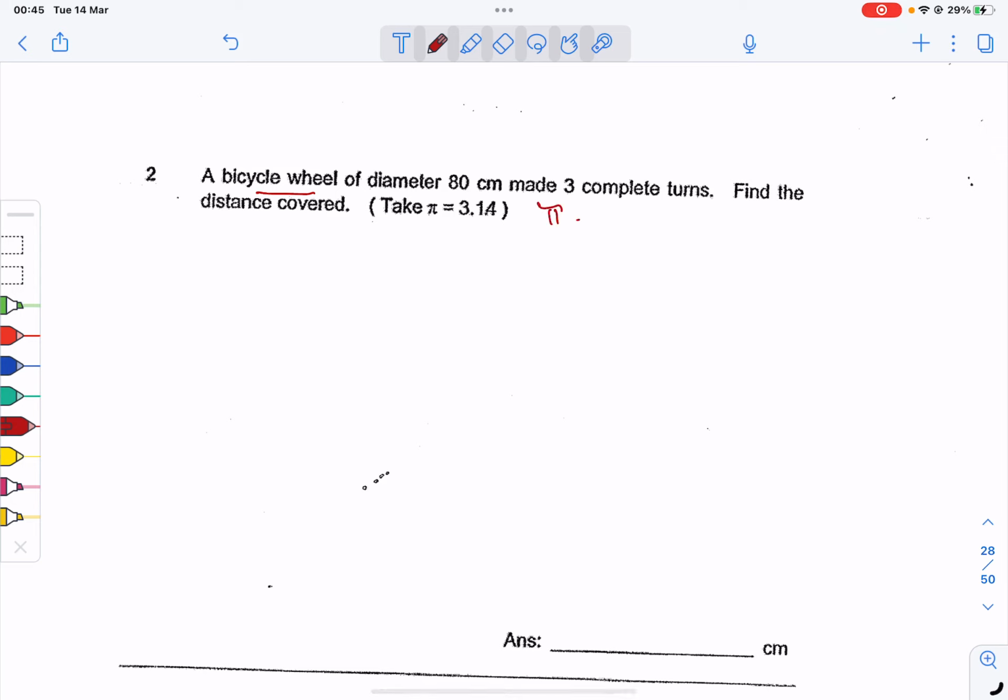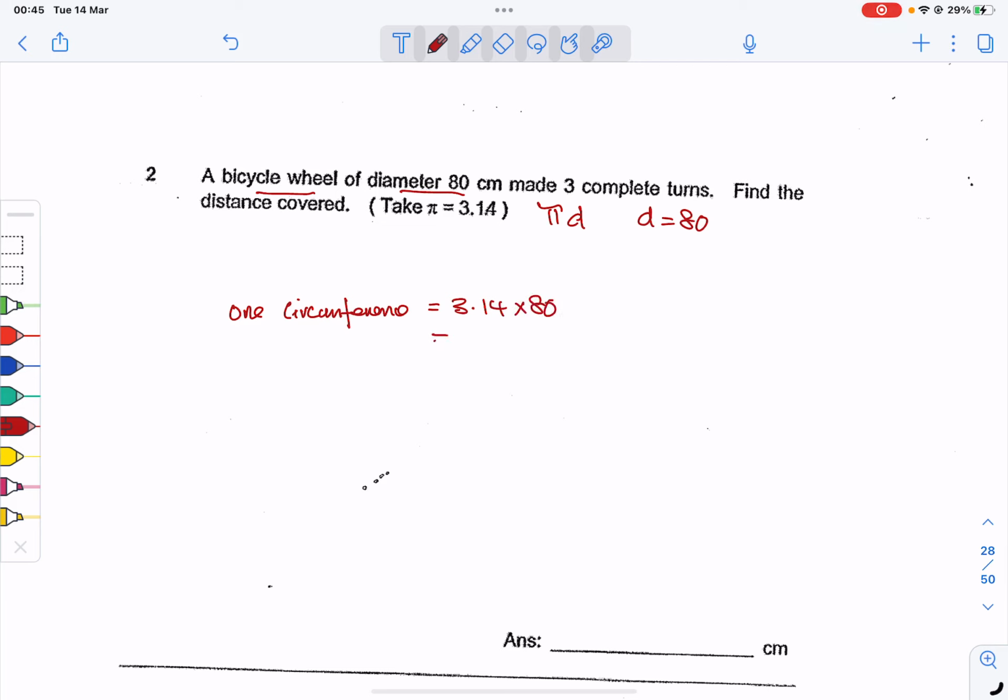Formula will be pi d, and d equals 80, given. Diameter is 80. So, one circumference, one complete turn, circumference will be pi, 3.14, times 80.